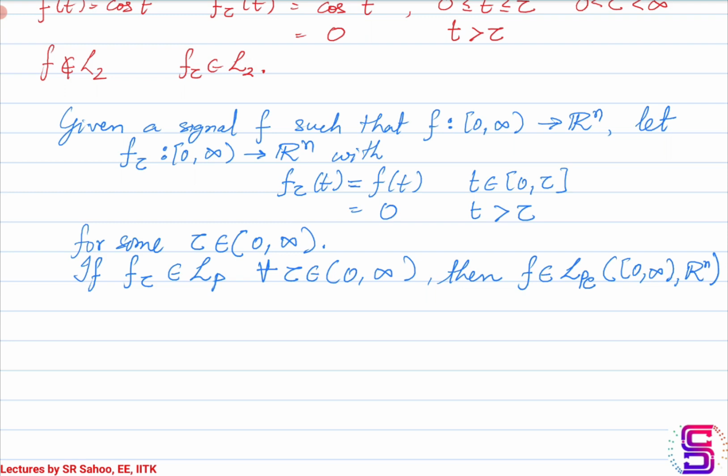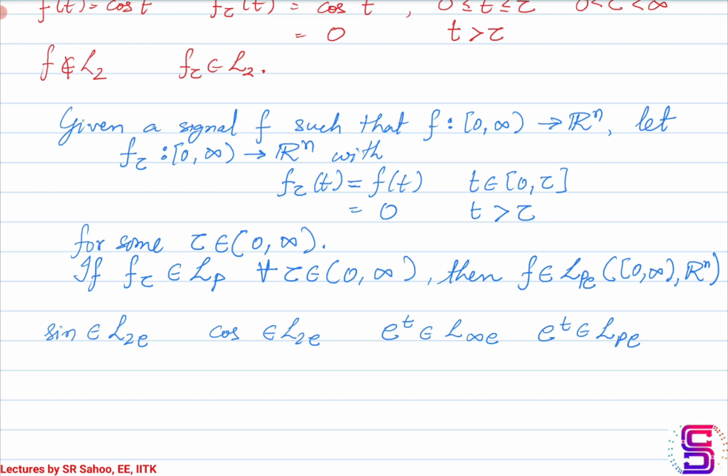Here your sine belongs to the L2 extended space. Cos belongs to the L2 extended space. E power t belongs to L infinity extended space. E power t also belongs to the LP extended space.